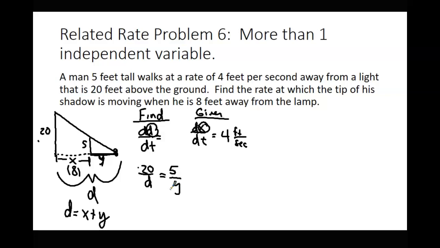Yeah. Okay, so the gals up here, I don't know if you guys are tracking, but they just figured it out. They used ratios, right? 20 over d is equal to 5 over y, because those are similar triangles, right?